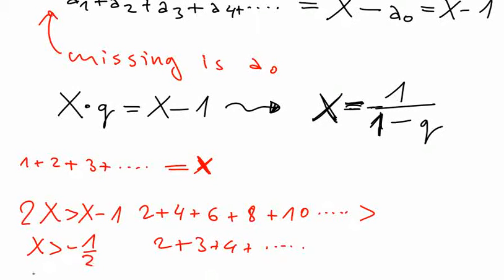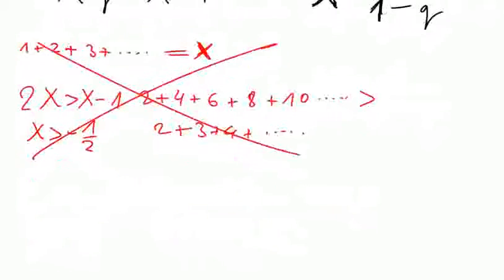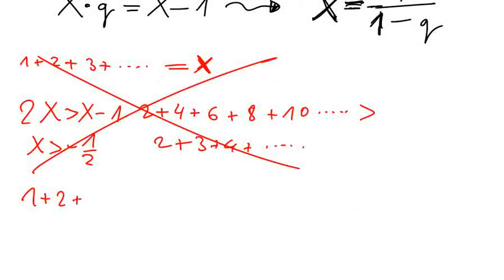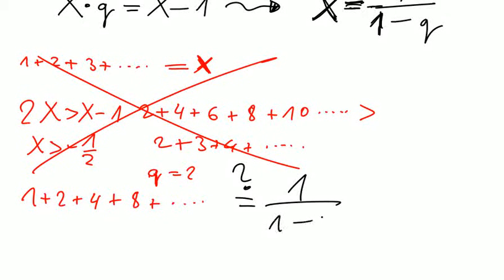Okay, this works, but maybe a better counterexample is 1 plus 2 plus 4 plus 8 and so on, the geometric series for q equal 2. And from our previous formula, we would obtain that this sum is equal to 1 over 1 minus 2, meaning minus 1.